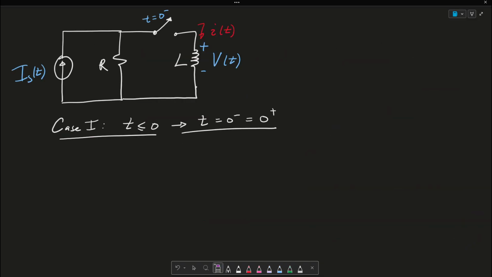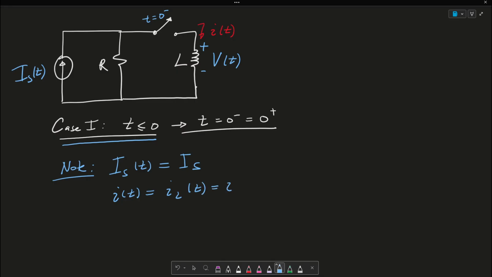In order to do this, we first need to consider case number 1, where t is less than or equal to 0. For notation purposes, I'm going to say Is of t is just Is, I of t, which is the current through my inductor, is just I, and V of t, or the voltage across my inductor, VL of t, I'm just going to write as V for the remainder of the video.